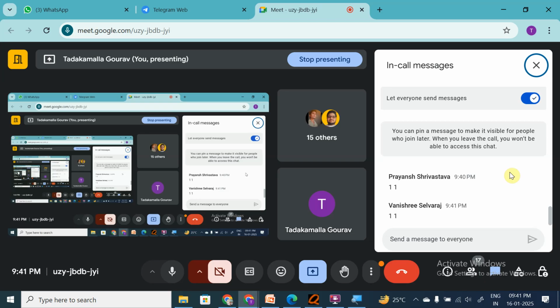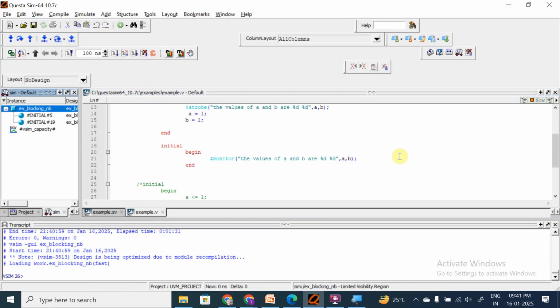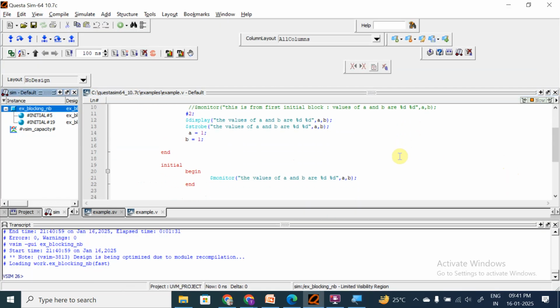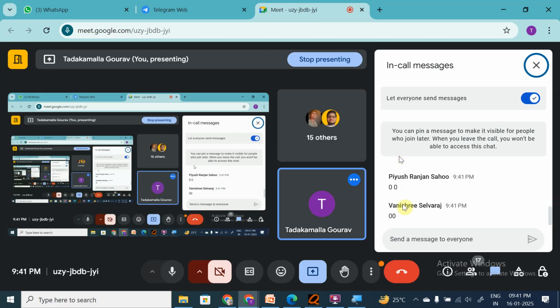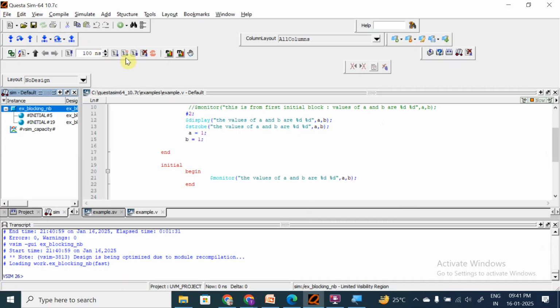Sir, can you show the code once? Same code, but within another initial begin block, I'm using my $monitor.